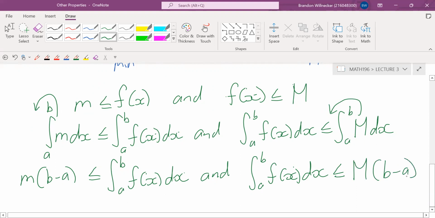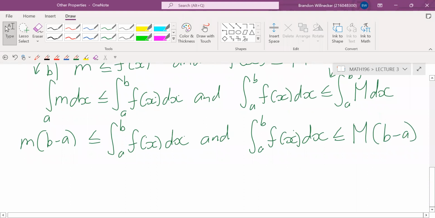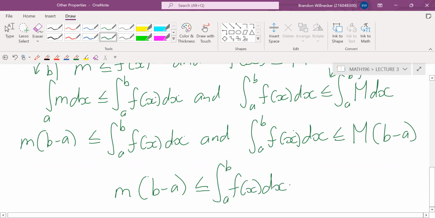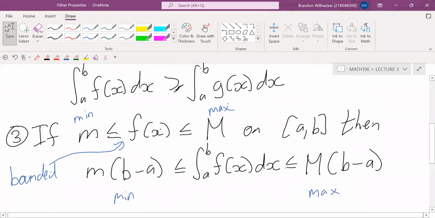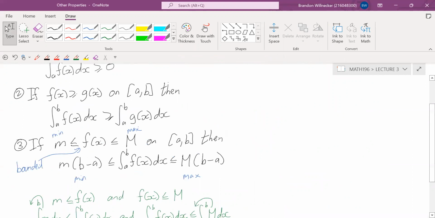Now we can just combine these 2 inequalities into one, and we have that m times b minus a is less than or equal to the integral from a to b f of x dx, which is less than or equal to capital M times b minus a. Okay, so we get our result here. And that's the last of these properties here.